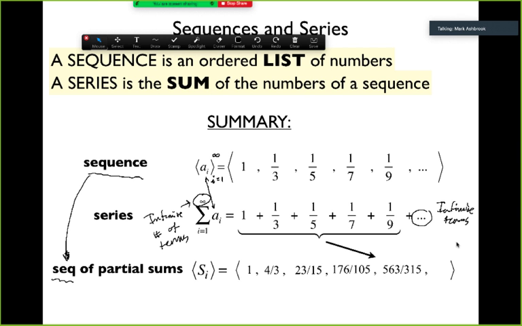What else could we say about the sequence of partial sums and the series? If we take the limit of the sequence of partial sums, then that's going to give us the sum of the series, or the series. Right. The limit of this sequence, right? We talked about limits of sequences.